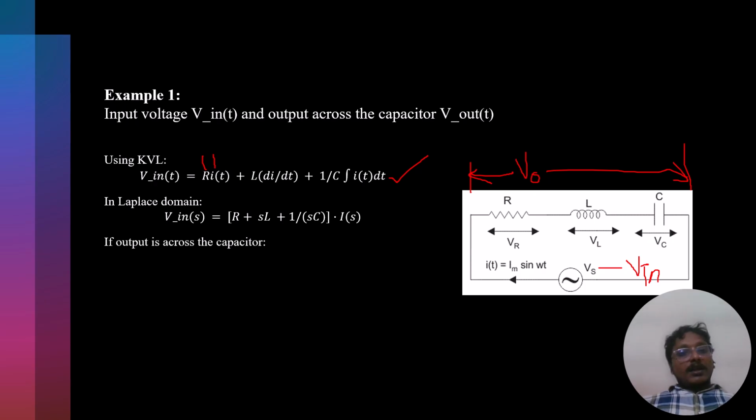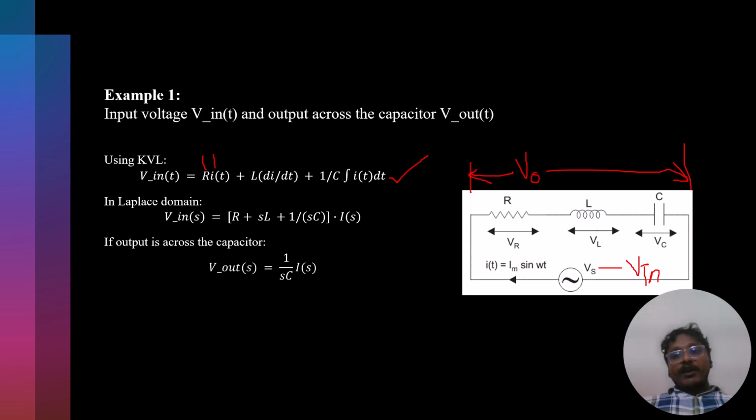After that, the output voltage is considered across the capacitor, so V out of s is equal to 1 by sC times I of s. If I consider the whole series, V in and V out would be the same and the transfer function would be 1.